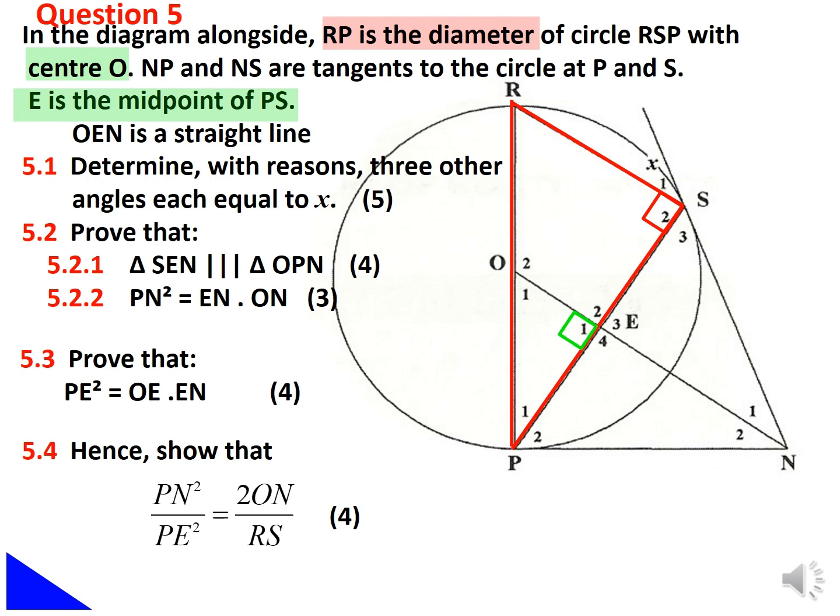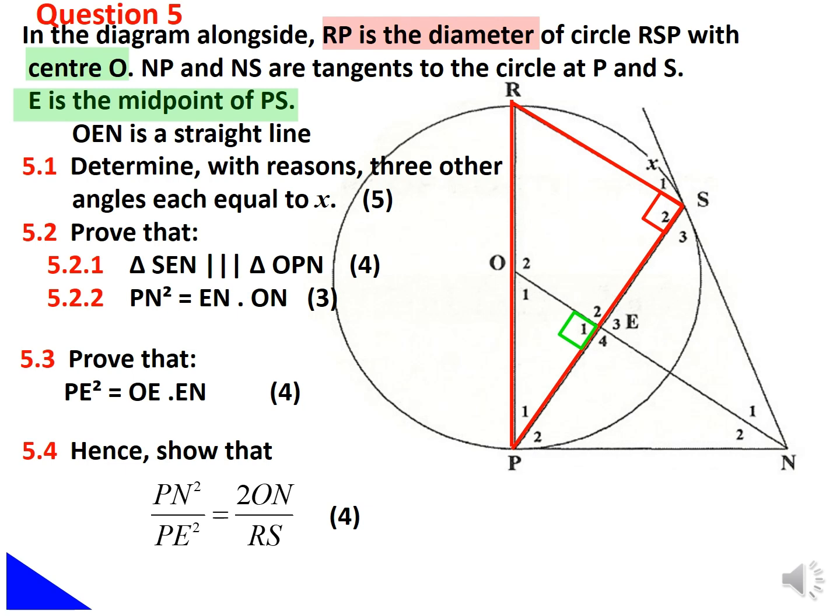Now look at how interesting this becomes. We have angle A1, which is equal to 90 degrees. We have angle S2, which is also equal to 90 degrees. Now, if you look at the positions of those two angles in relation to line RS and line ON, we can safely be reminded about corresponding angles in parallel lines.